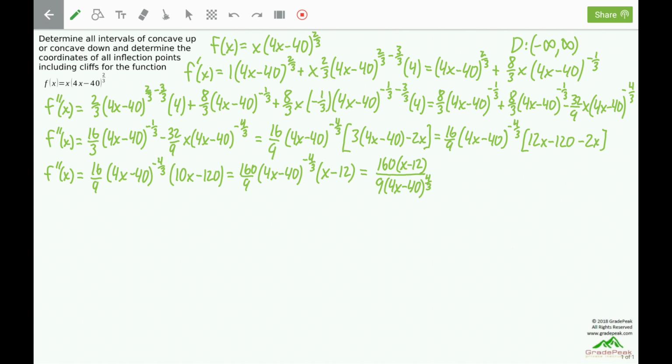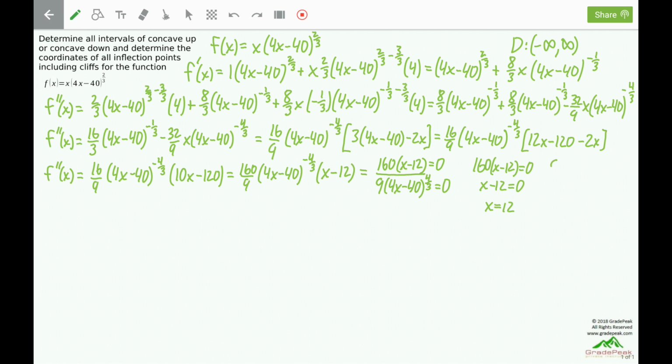We can now set the numerator equal to 0 and the denominator equal to 0 and solve for all x's, starting with the numerator, 160 times x minus 12 equals 0. We can divide both sides by 160, x minus 12 equals 0, and add 12 to both sides, x equals 12.